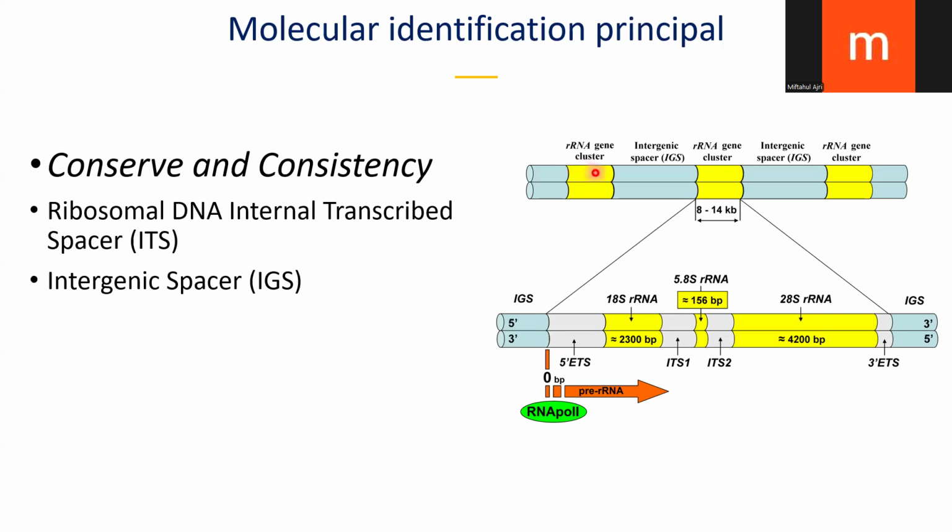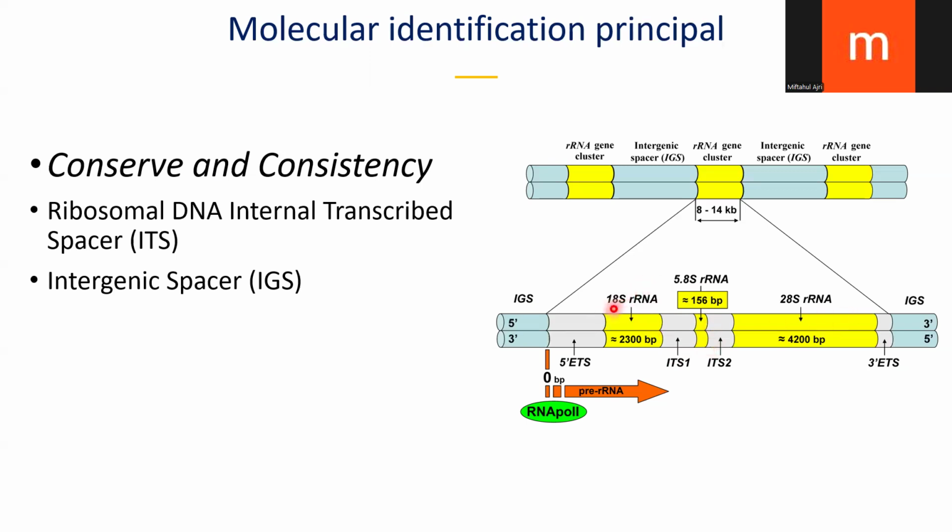You can see here, we have an rRNA gene cluster. The intergenic spacer is between the units. So we have ITS1 and also ITS2.